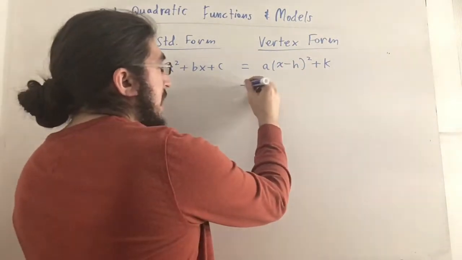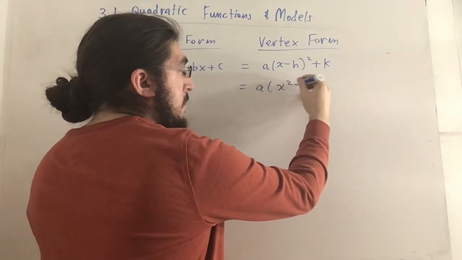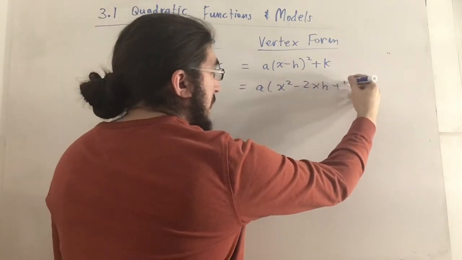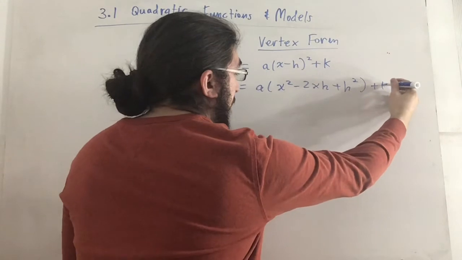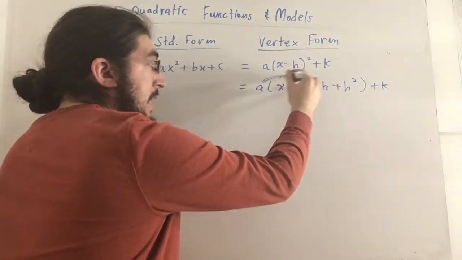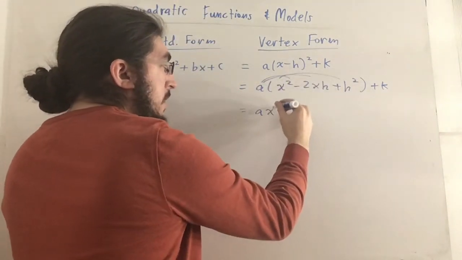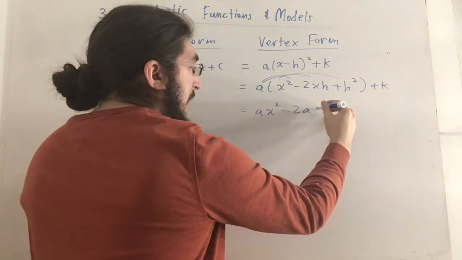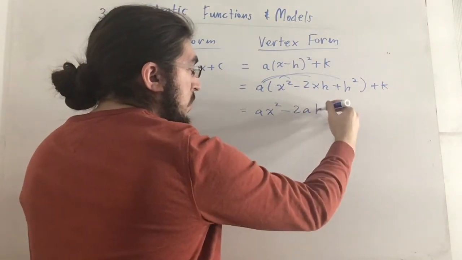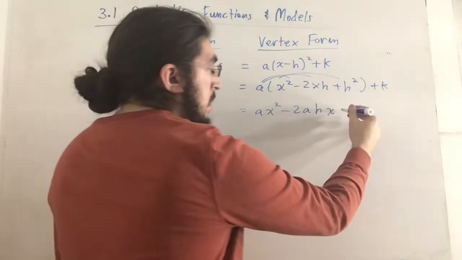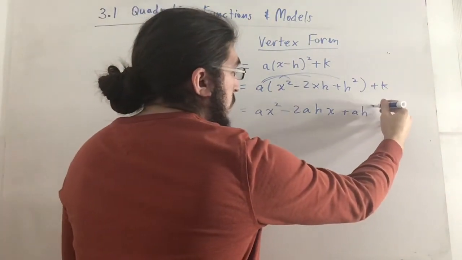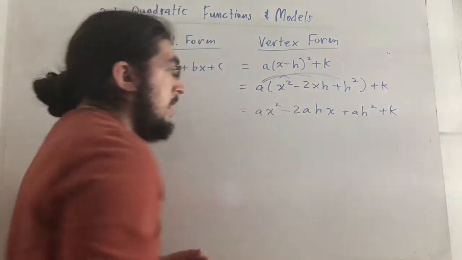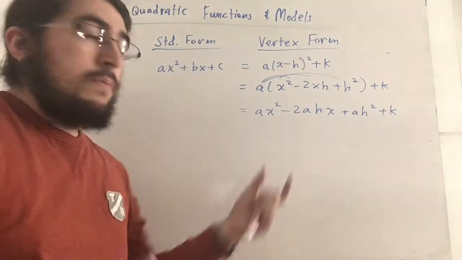So let's see. If we expand this out, we get x squared minus 2xh plus h squared, and then plus k. If you distribute this a, you get ax squared minus 2ah times x, plus ah squared, and then plus k. Now there are a lot of things that we're learning from this.